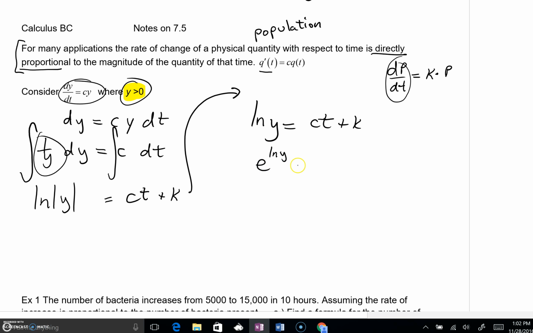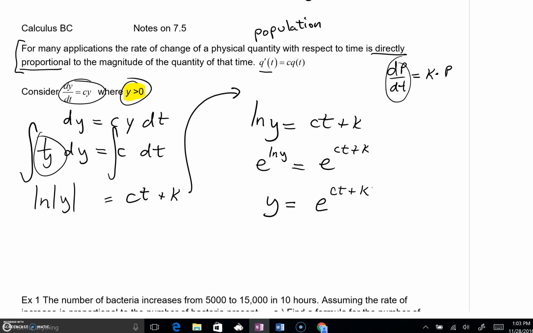Exponentiate. e to the left side, e to the right side. What is e to the natural log of y? Just y. And right here you'd have e to the ct plus k. And wow, that can certainly look rather strange at first glance. You look at that, you think, wow, that looks weird.